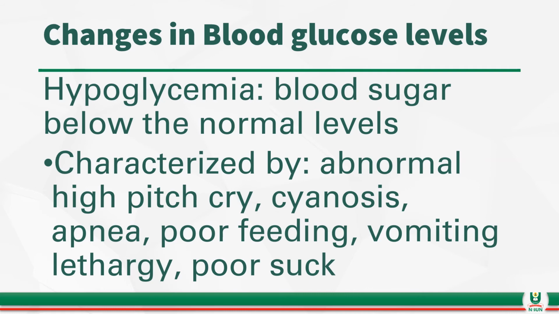Baby cries excessively with a high shrill sound. The baby could turn blue, that is cyanosis, and then the baby could have difficulty in breathing, which is apnea. There could be poor feeding. Baby could vomit, and then lethargy. The baby could be lethargic and could have poor sucking ability.